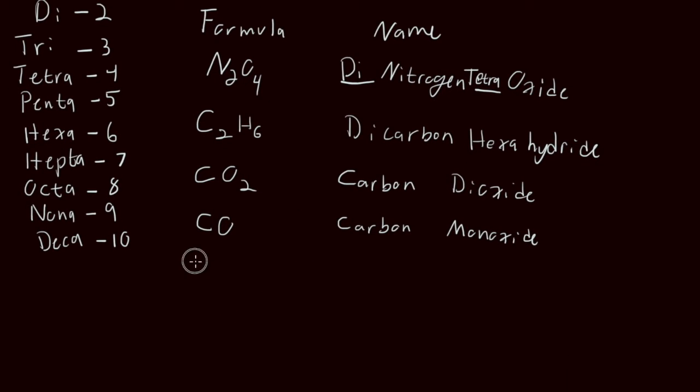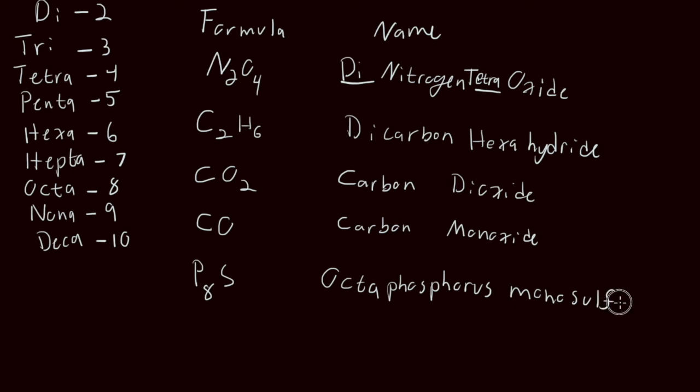So let's look at a few more. Let's just go, how about P8S? This would be octaphosphorus. And then 1 sulfur is going to be monosulfide. Okay?